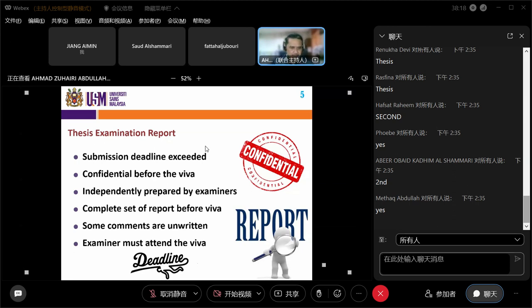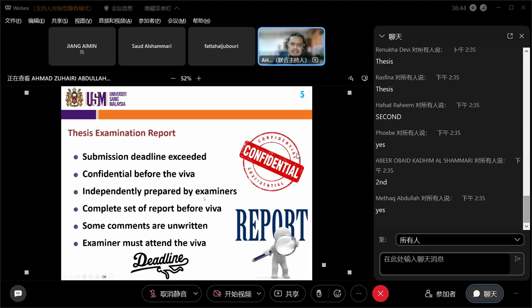It's quite common actually. And usually the report is confidential before the Viva. So before the Viva, don't expect it to be disclosed to you for your preparation. By rules, that should not happen.